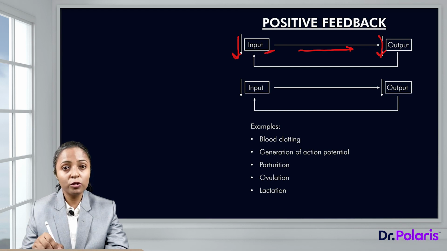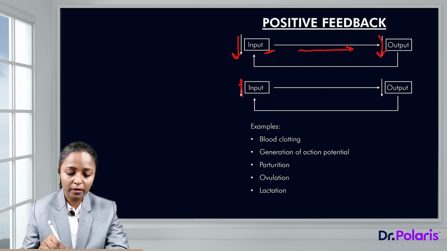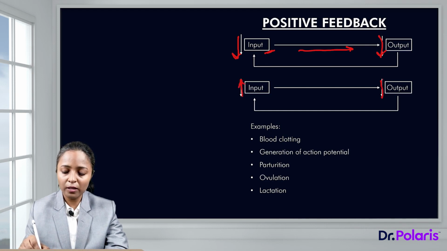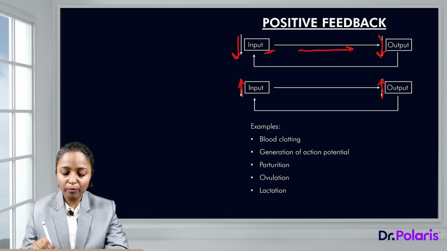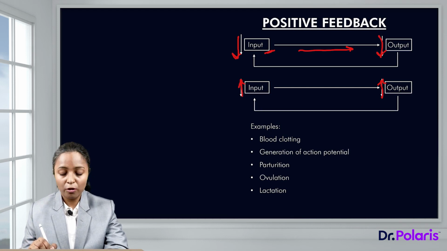So this value is going to decrease further. And if the input is increasing, then again this output is going to increase. Some examples of positive feedback systems are blood clotting, generation of action potential, parturition, ovulation, and lactation.